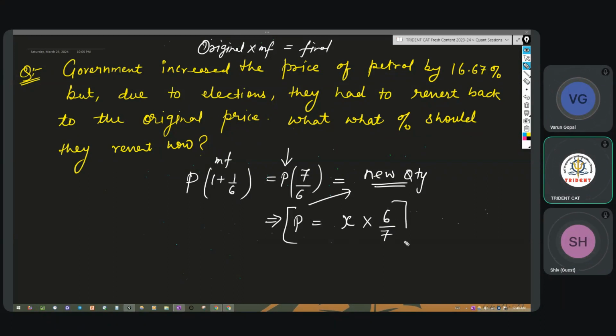Is this not what we are doing? And this 6 by 7 is 1 minus 1 by 7. This 1 by 7 is 14.28%, and please remember, because we're subtracting, this is a 14.28% decrement.